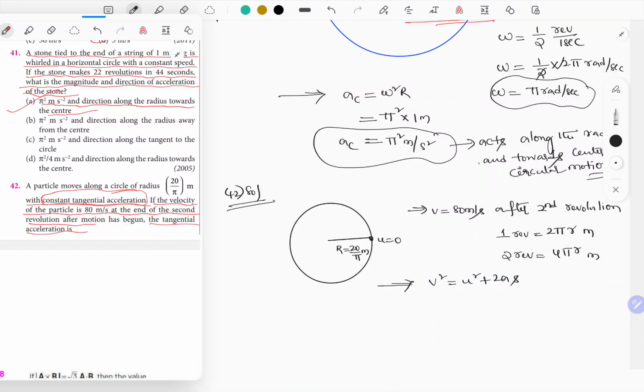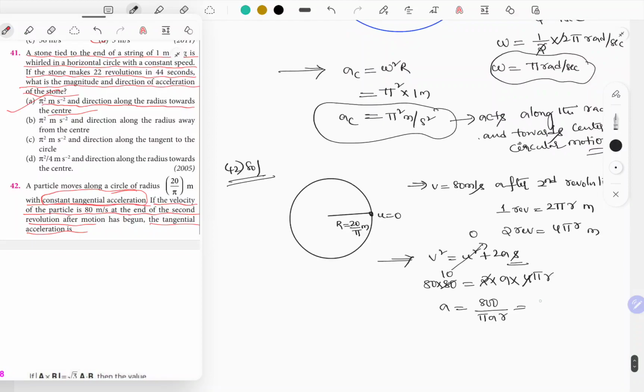Final velocity is 80 into 80, which is equal to initial velocity 0 plus 2 into a into s, and what's the value of s after 2 successive revolutions? It is going to be 4 pi r. So from this, acceleration is equal to, 2 4s are 8, so here it is 10, then you are going to get 800 by pi r.